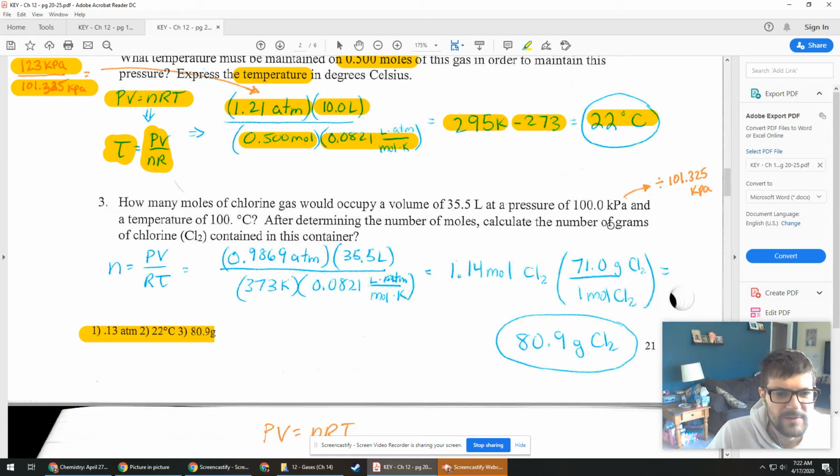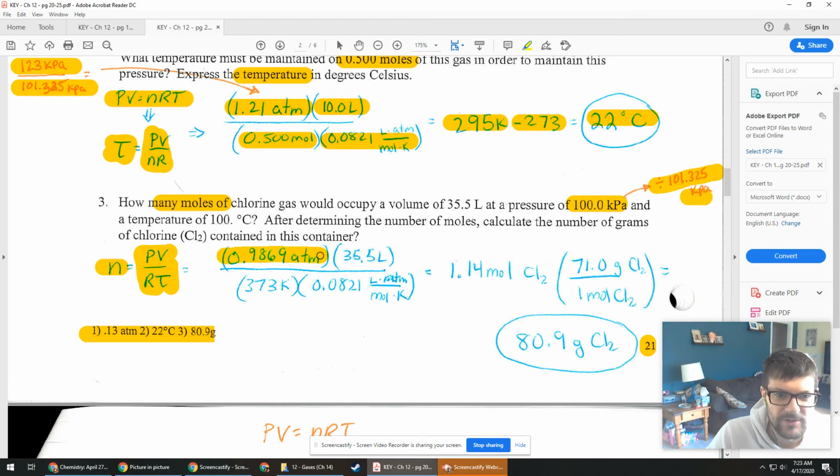And the last problem here on page, again, 21, how many moles of chlorine gas? So I'm looking for moles, so I'm solving for n. I went ahead and rewrote this equation to solve for n. That's my preference, but if you would rather leave it as PV equals nRT and then plug the numbers in and rearrange them, that's fine. I've got 100 kilopascals, so I'm going to simply turn that into atmospheres.